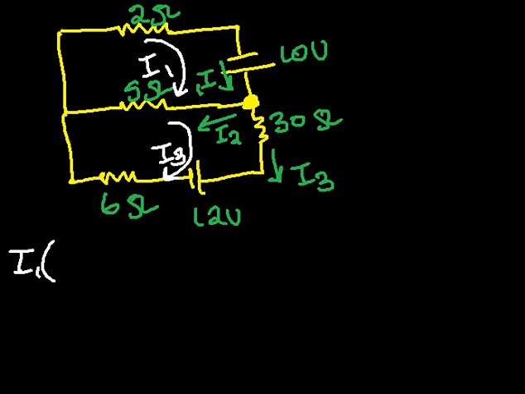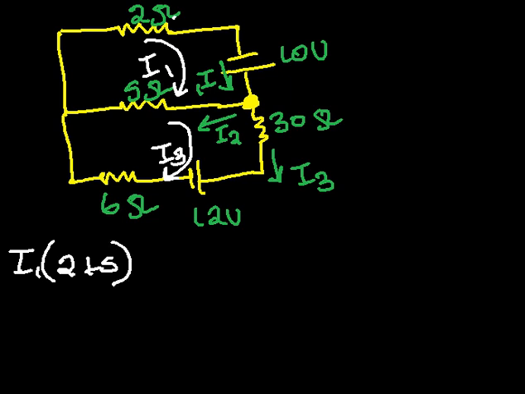Then how many resistors are in loop 1? In loop 1 we have resistor 2, ignoring the units, and we have resistor 5, that is plus 5. We are done with the resistors there.